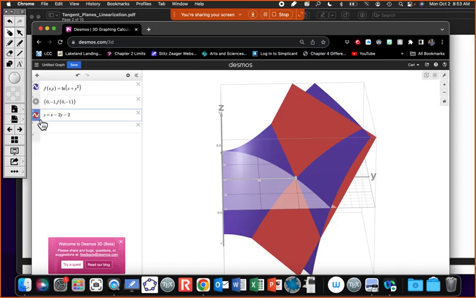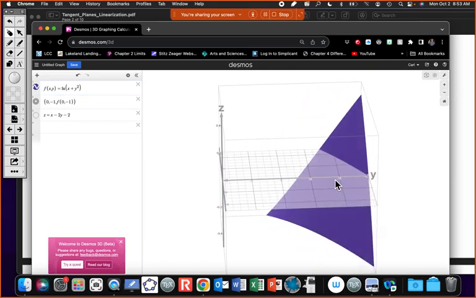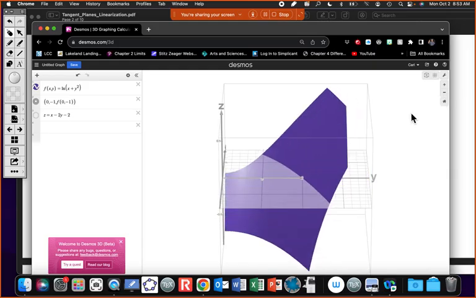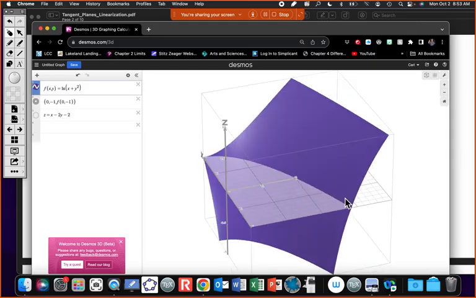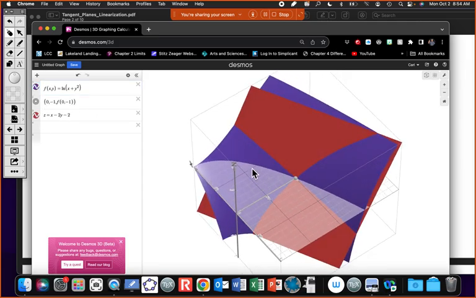So take that off there. Maybe zoom in a little bit more. Wow, that was weird. Well, there we go. There's that surface sitting there. There's that parabolic domain we talked about last week. There's the tangent plane.